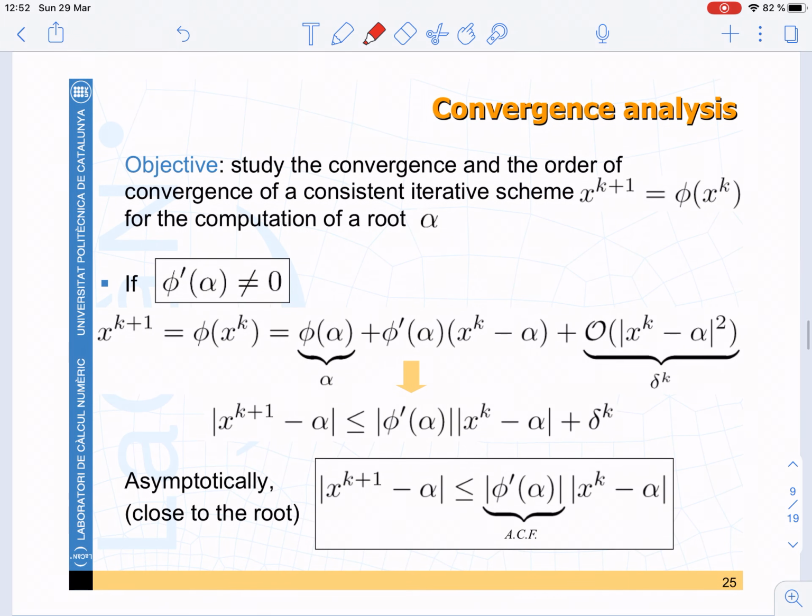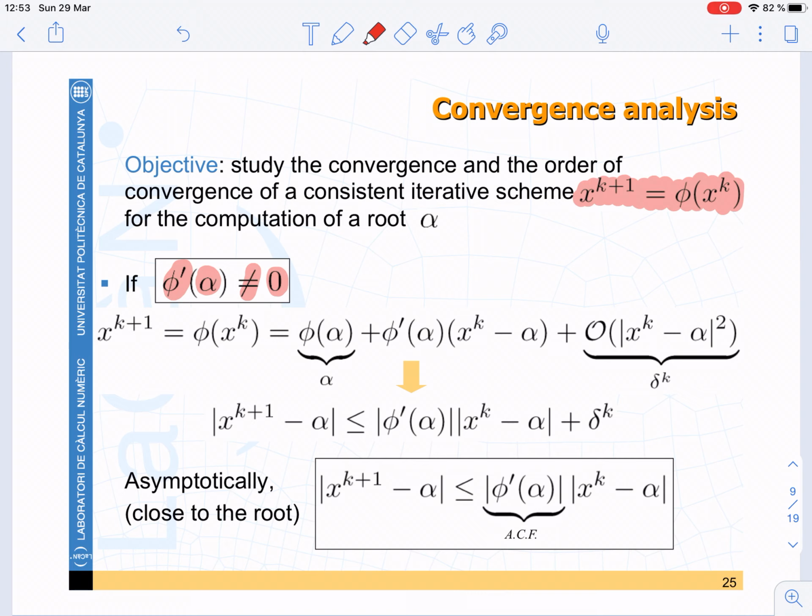We're going to do convergence analysis. Again, it's going to be general for a general iterative method of this type. Let us assume for the moment that the derivative of the iterative function evaluated at the root alpha is different from 0.